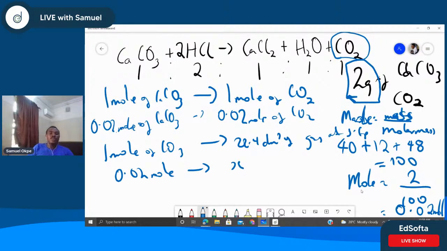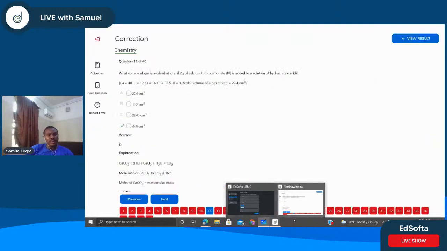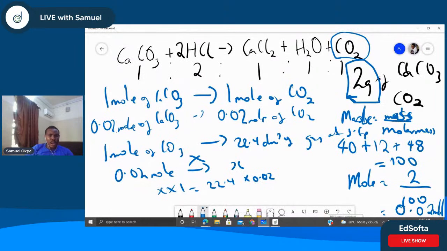We can cross multiply: X times 1 mole is 22.4 times 0.02. That gives 0.448 dm cube. So our answer is 0.448 dm cube, or we can put it in cm cube as 448 cm cube just by multiplying by 1000.